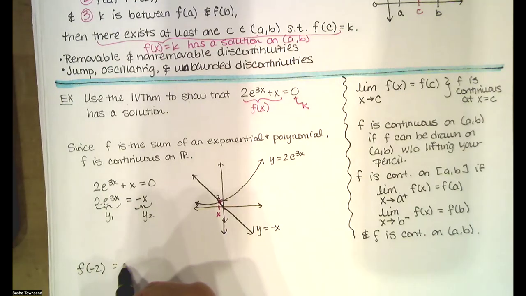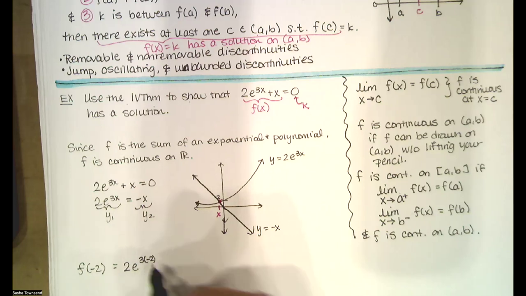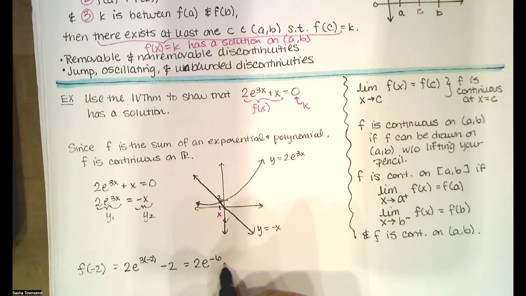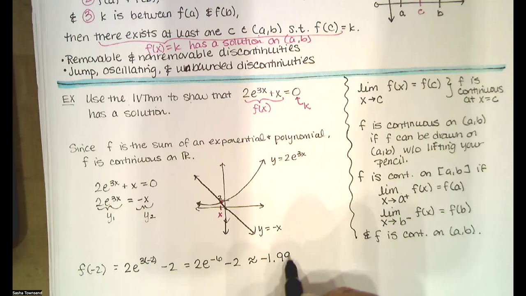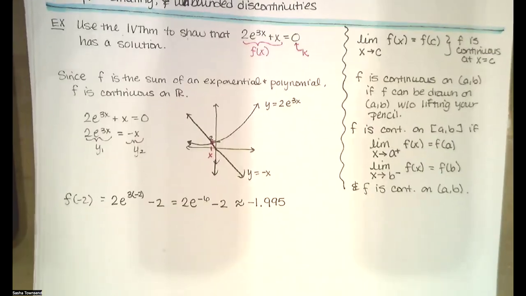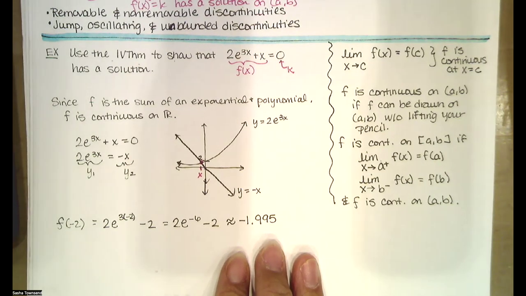So that is 2 times e to the 3 times negative 2, minus 2. So I have 2 times e to the negative 6 minus 2, which is approximately negative 1.995. I would typically use a calculator to compute that.